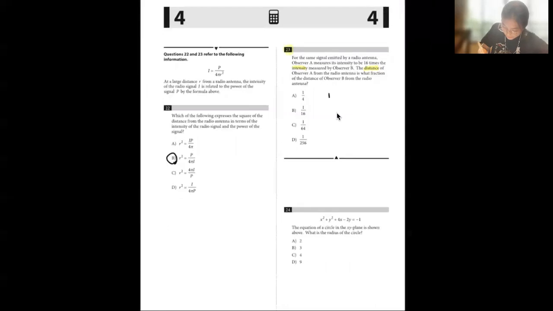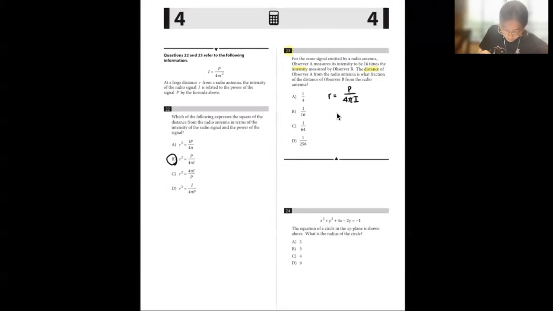We're going to use that P over 4 pi I. And you need to know that R represents the radio antenna distance, I represents the intensity, and P is the power.